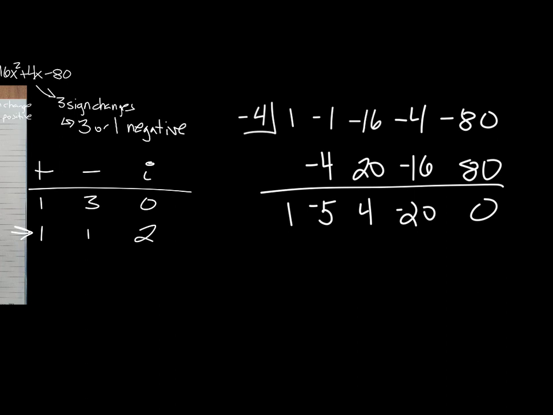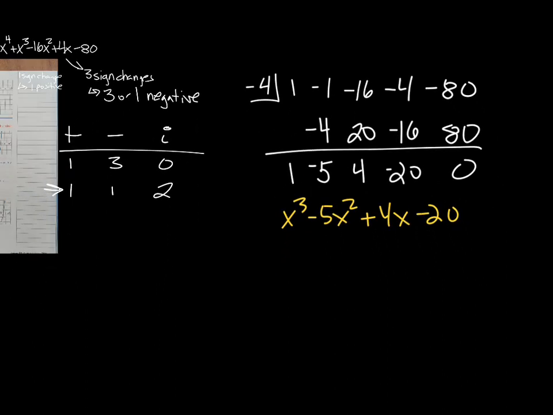Okay, so really what we have now, because we started with a fourth, is x cubed minus 5x squared plus 4x minus 20. But we can't handle that either. Luckily for us, she already told us the other one. So it's 5. Now don't go back to the original because you'll never get something that you can handle.